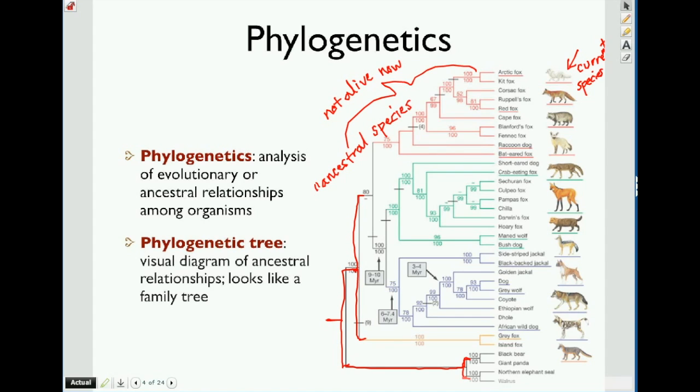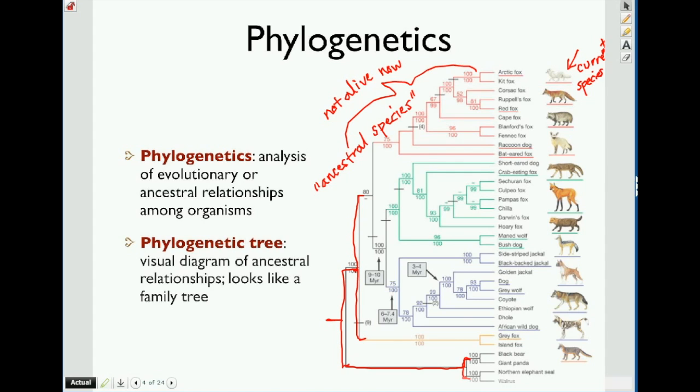So when people say things like humans came from monkeys, well, that's not really true, because monkeys are currently alive. So there was some sort of ancestral species that humans and monkeys shared and then split off to form the different branches.